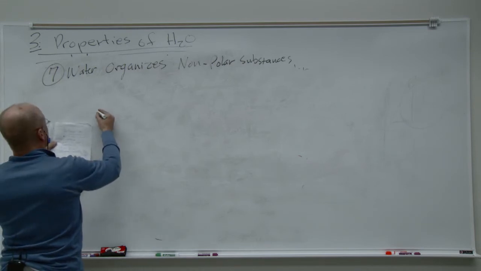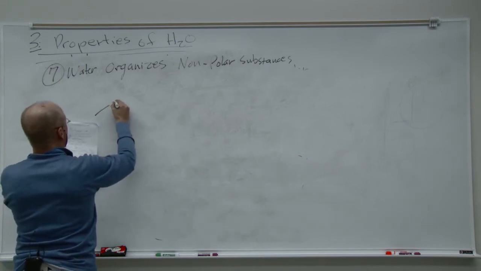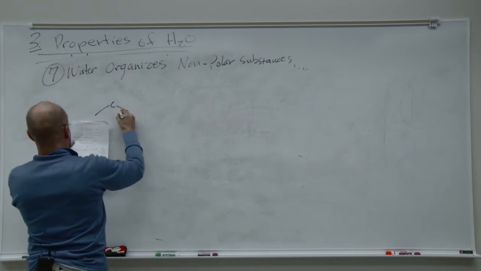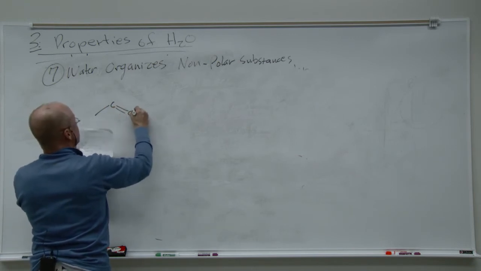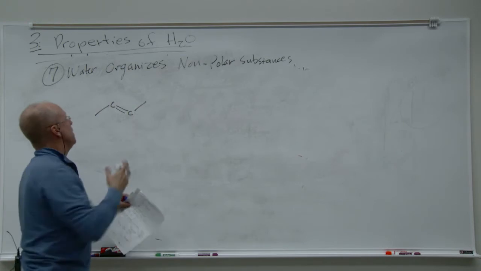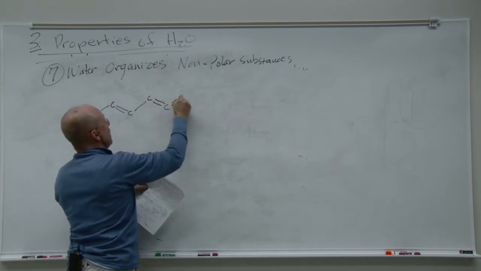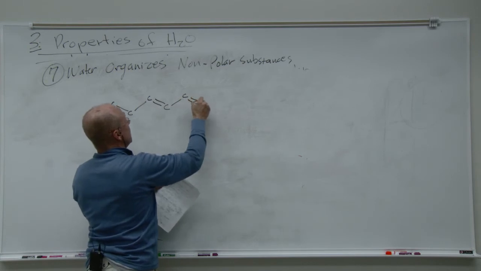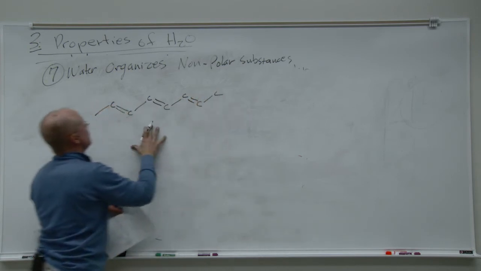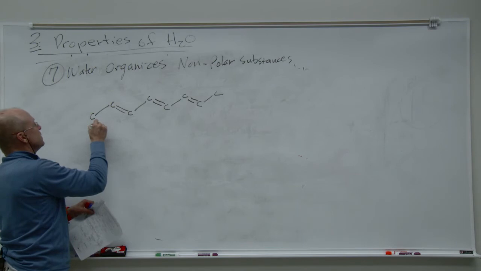Let's do this. This is a molecule where I'm going to make what's called a hydrocarbon chain. That's right around the corner for us. So I'm going to stick a bunch of carbons together like this, and then I'm going to stick some hydrogens.